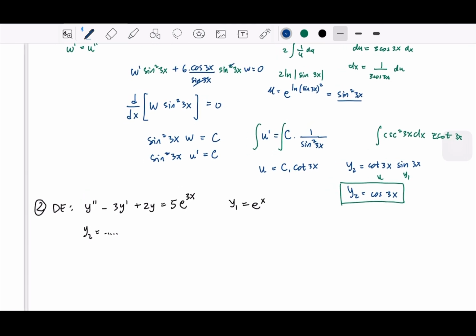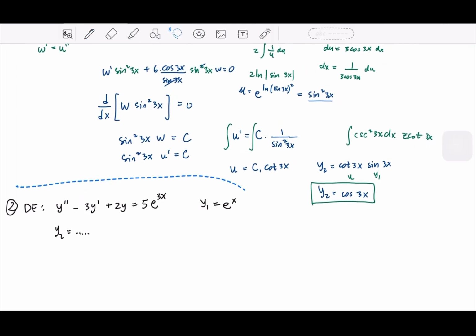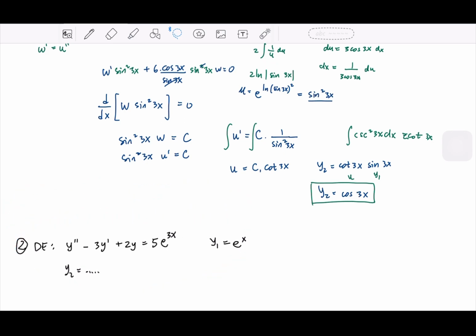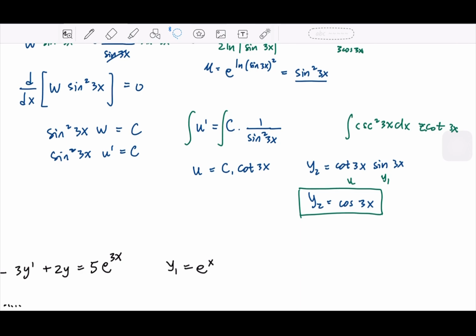So you need to remember that the constant in our case is not really significant, because we know that the constant just changes the scalar multiplication, which we already learned is linear dependency, right? So we want to make it linearly independent.